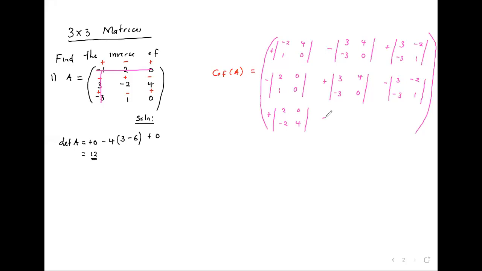And then minus, take away this guy and this guy, you remain with -1, 0, 3, 4. And then plus, take away this guy and this guy, you remain with -1, 2, 3, -2.